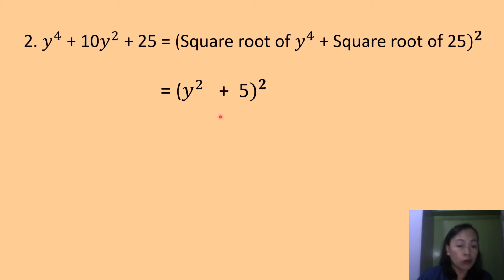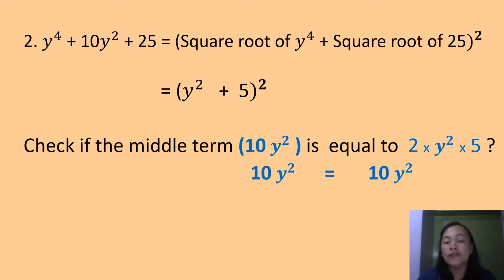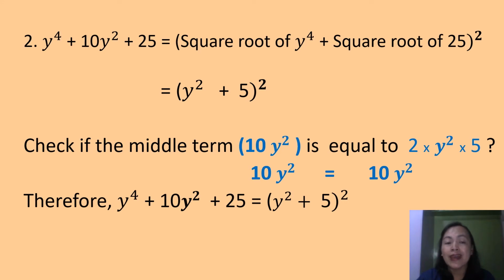Are you sure, ma'am? Well, let's check, right? Is that a problem? Let's check it. Check if the middle term, what is the middle term? 10y squared. Okay? 10y squared is equal to twice the square root of the first term, which is y squared, times the square root of the last term, which is 5.